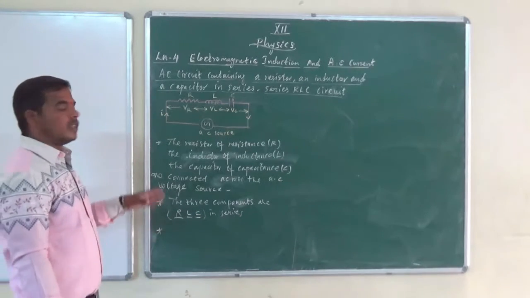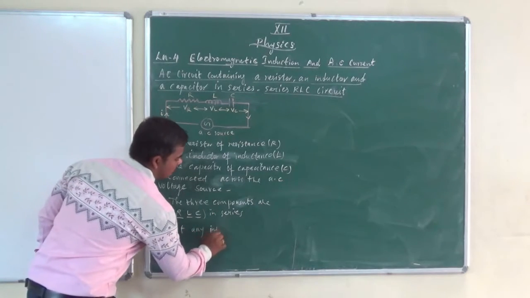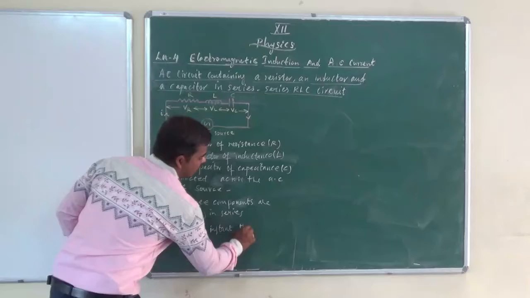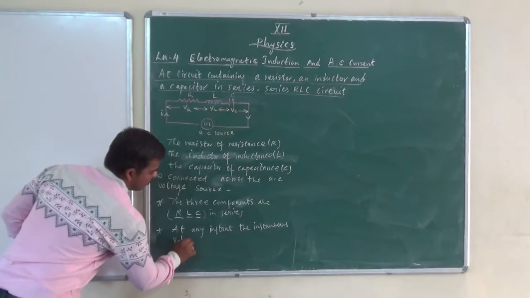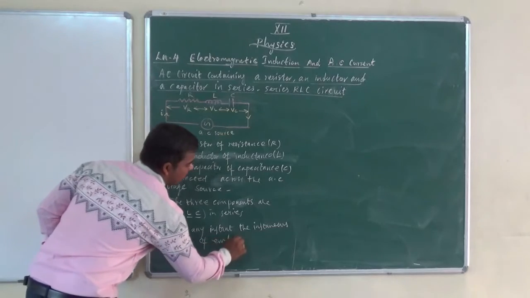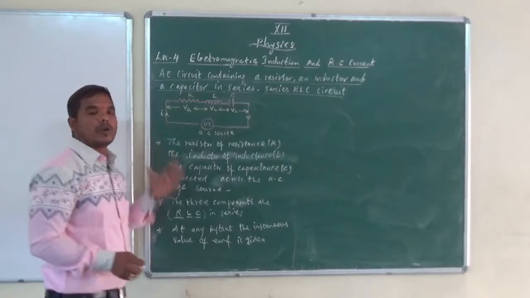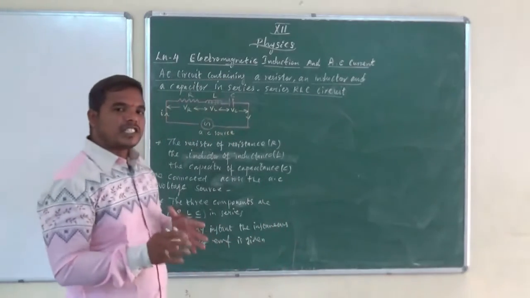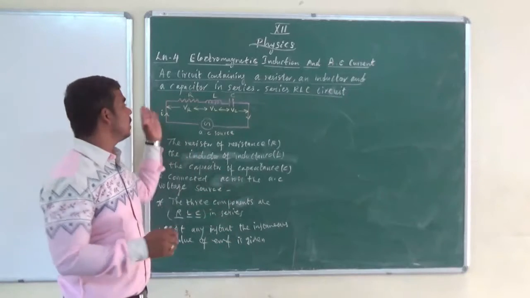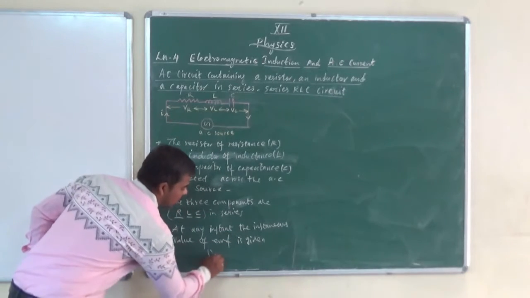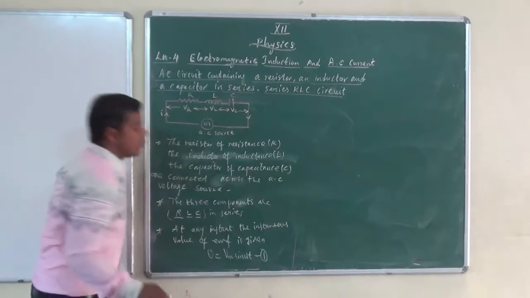At any instant, the instantaneous value of EMF is given by the equation. We already discussed this in our previous class. At any instant, the instantaneous value of EMF applied to the circuit containing inductor, resistor and capacitance is V equals Vm sin omega t. Consider this as equation number 1.